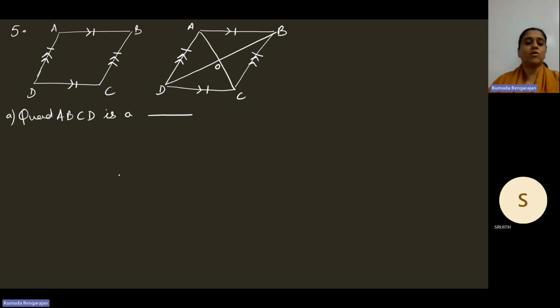So quadrilateral ABCD is a rhombus. Why is it a rhombus?